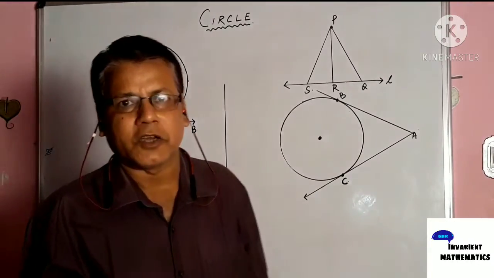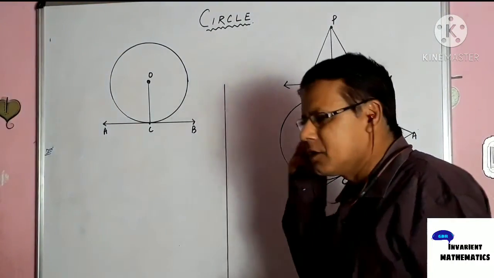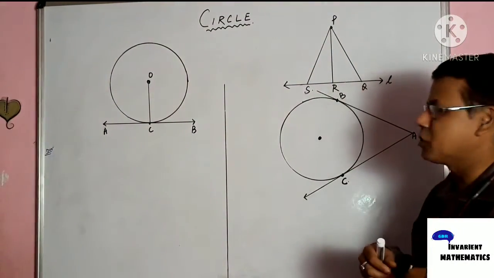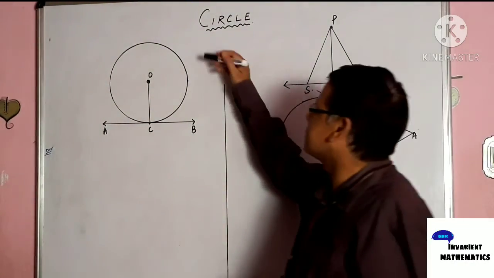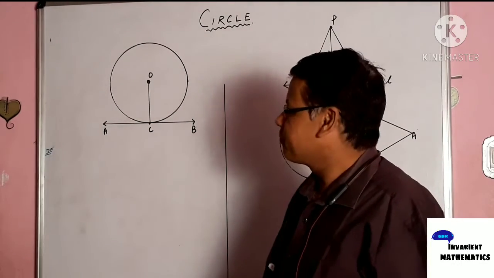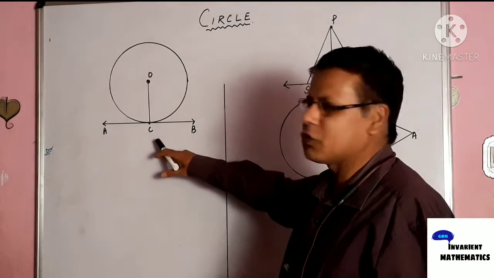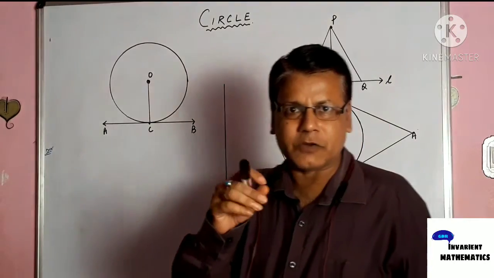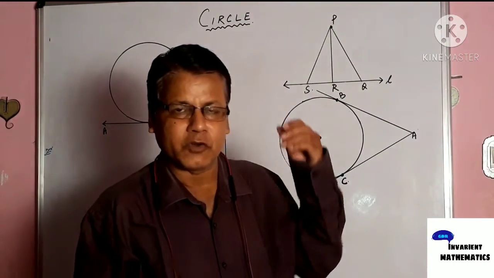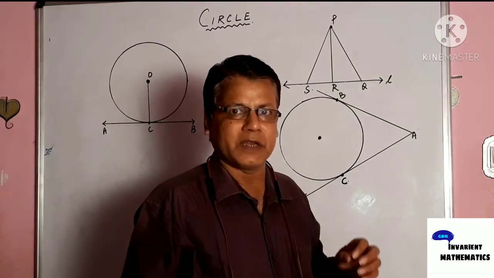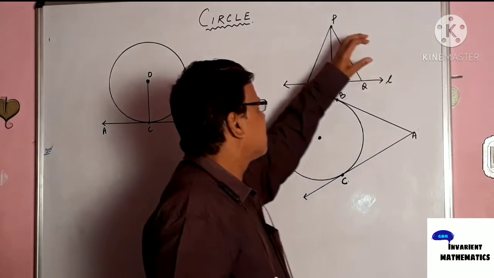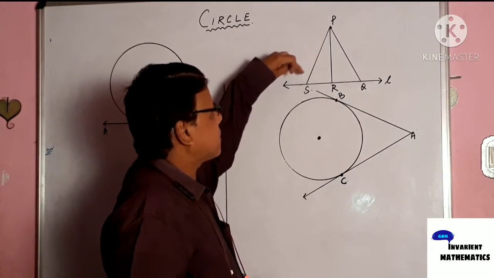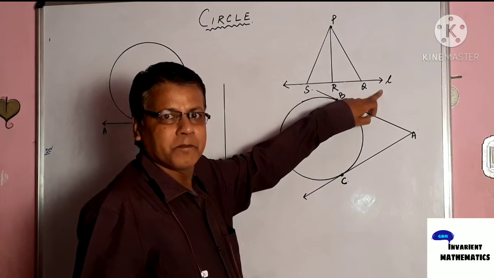We will enter into the theorem part of the chapter, that is circle. Before going to the theorem part, again I want to tell you one concept which relates to your theorem 10.1 of NCERT, that is the distance between a point and a line.